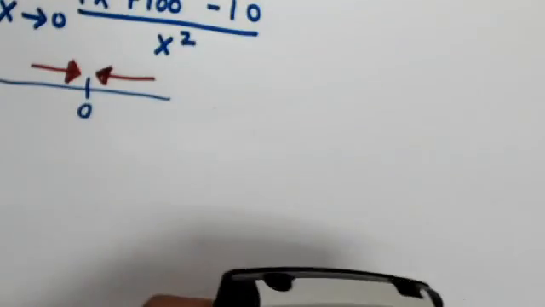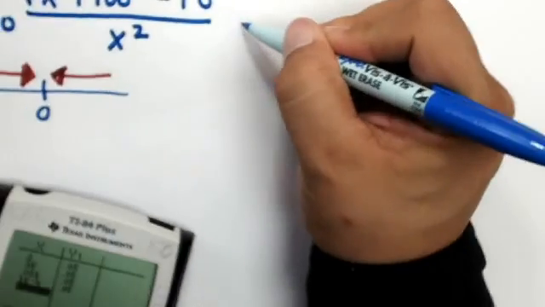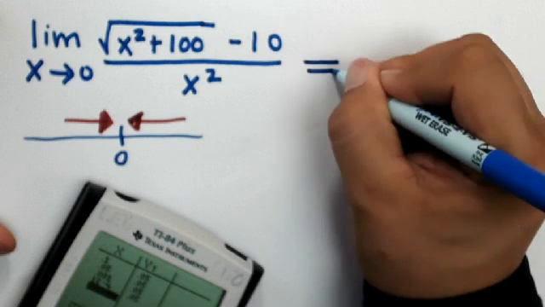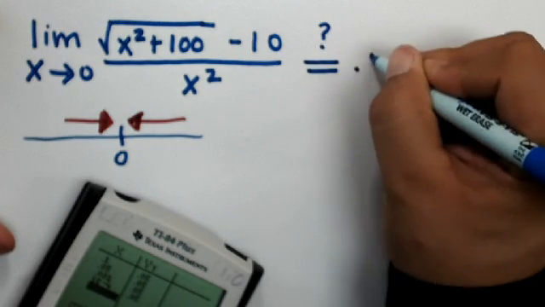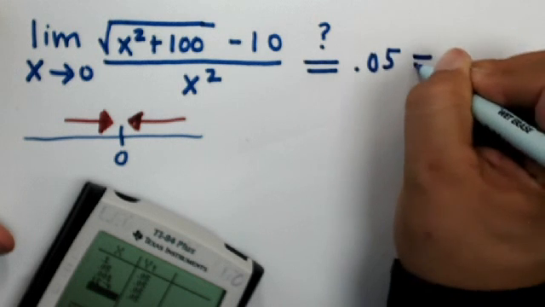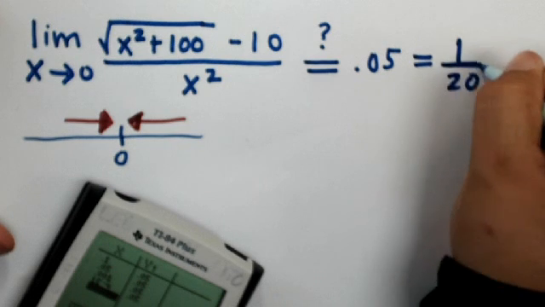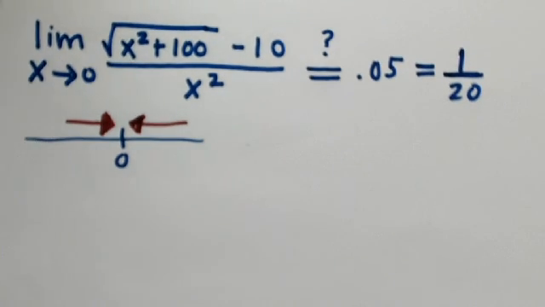So we're suspecting that this limit, and this is still under investigation, equals 0.05, that's 5 cents, so that's 1/20th, right? So 1/20th. Okay, that's what we're suspecting. Now we're going to have to prove that algebraically. Now, how would we show that algebraically?